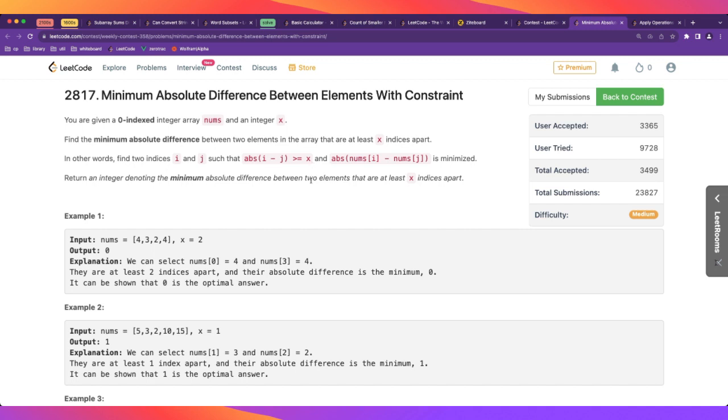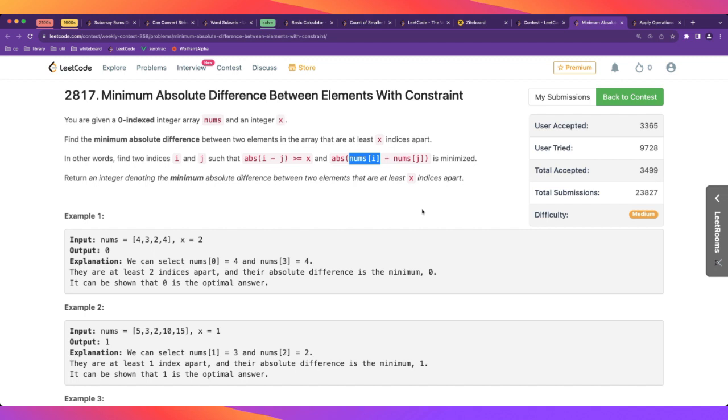One way to deal with that is to go over the array from left to right, for example, leaving a space of size x and adding the elements that are at distance x to some data structure, and then we can query that data structure to find the closest element to the current element. This is going to be clearer when I start writing the code.